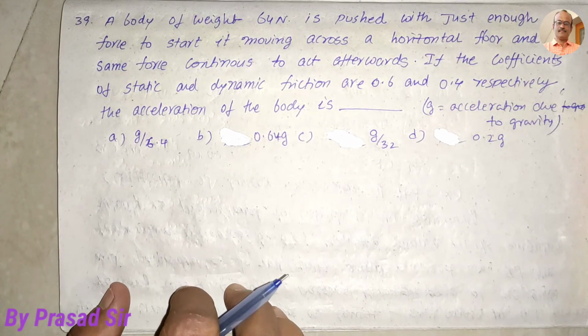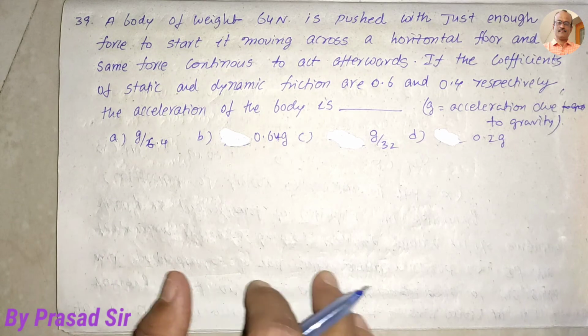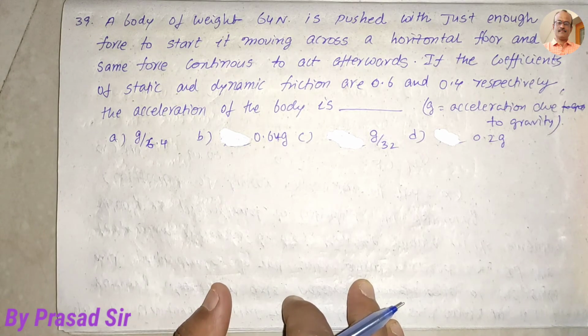Now question number 39. A body of weight 64 newtons is pushed with just enough force to start it moving across a horizontal floor, and the same force continues to act afterwards. If the coefficients of static and dynamic friction are 0.6 and 0.4 respectively, find the acceleration of the body.